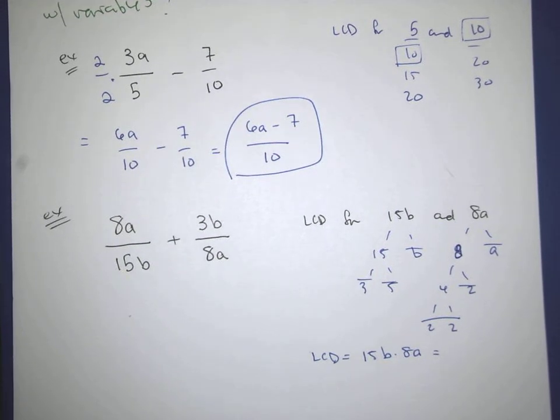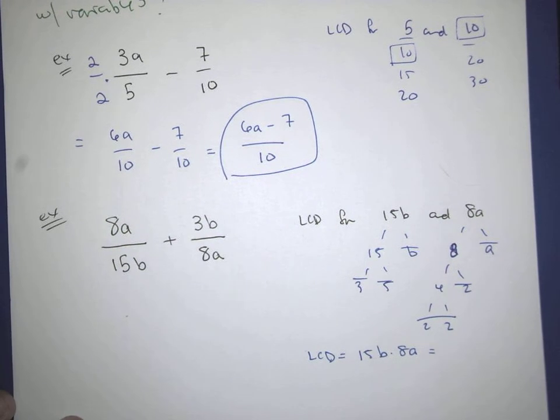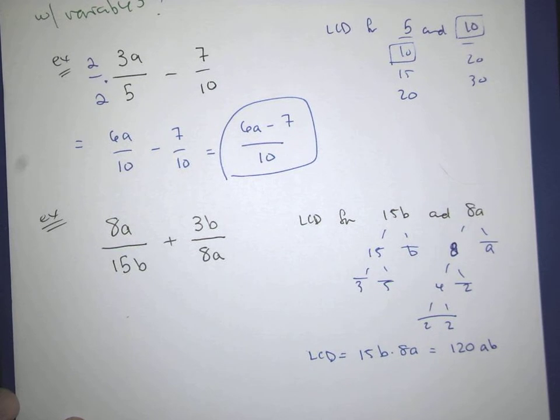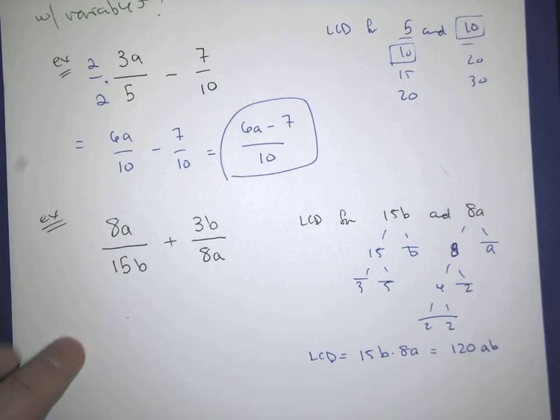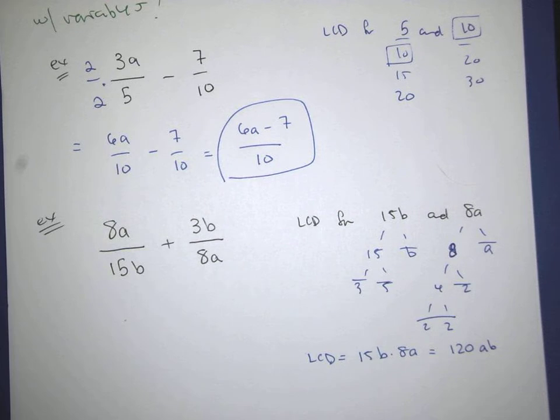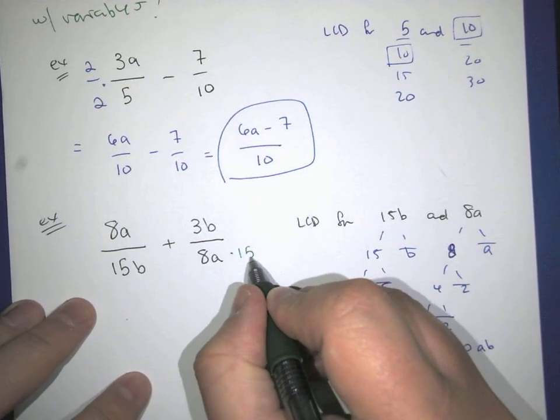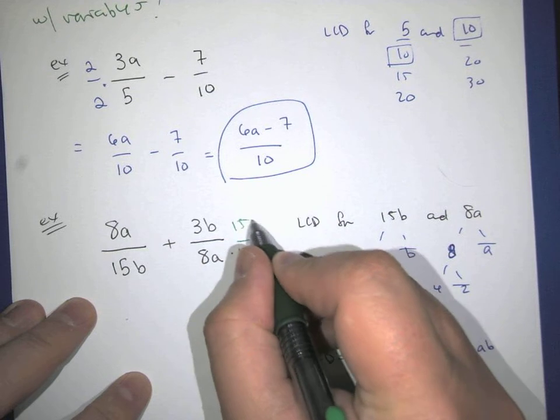What the heck is that going to be? 80 and 40, it's like 120ab. That makes sense because it would be 30 times 4. So to get both of these going, you're going to have to do this side times 15b over 15b.